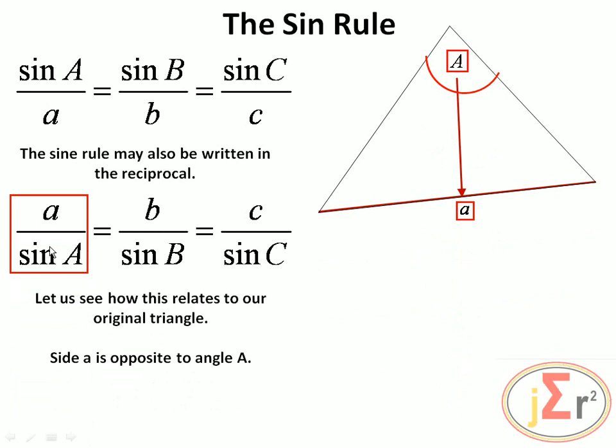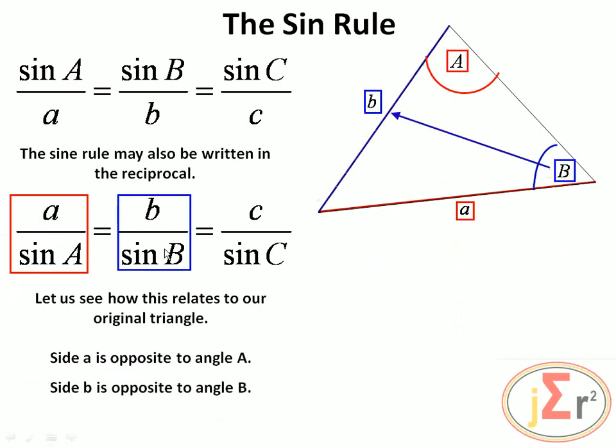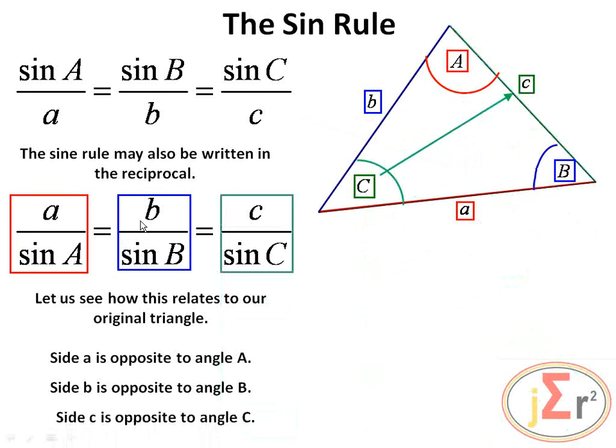A over sine A: A and A are opposite to each other. The same thing applies for B, and for C. Side A is opposite to angle A, and so on.